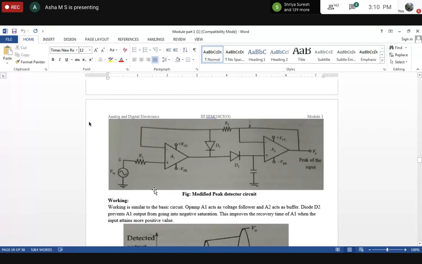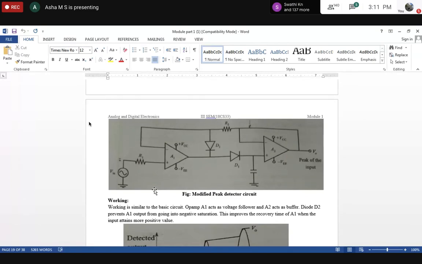Here, the extra diode D2 that we have connected takes care of A1. You know that op amp A1 should follow the input, so it should go to the negative peak and again come back to the positive peak. While this happens, these two circuits are disconnected in the negative peak.